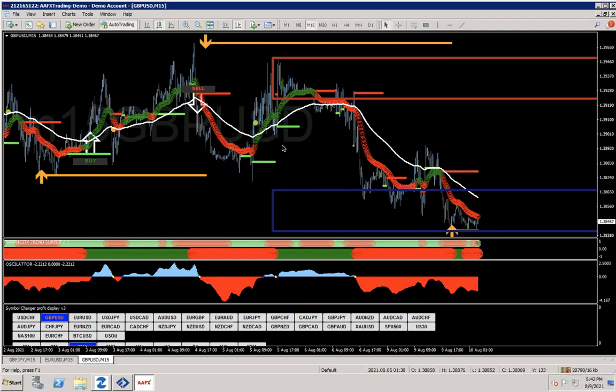Reason being, it doesn't matter how long the pip run is. It matters the lot size on the pips. When you start thinking like that, my first job is to be a master at catching pips. Once I learn to master catching pips, all I have to do is increase my lot size and game is over, guys. So let's not focus on money.